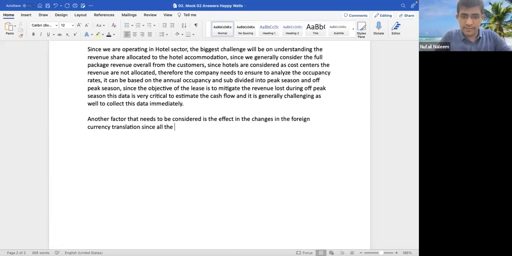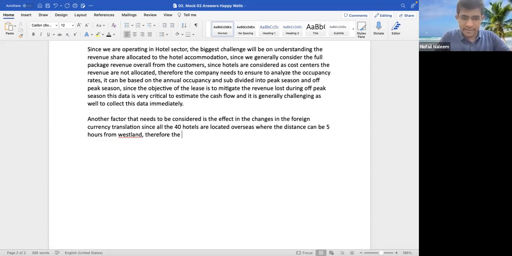Since all the 40 hotels are located overseas, where the distance can be 5 hours from Westland. Very practical way of writing.